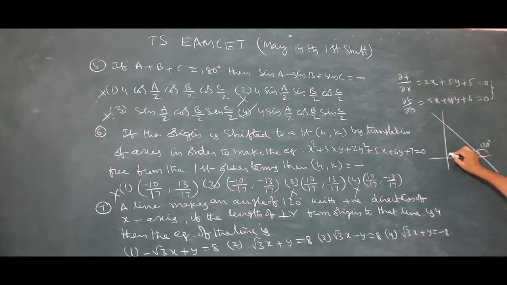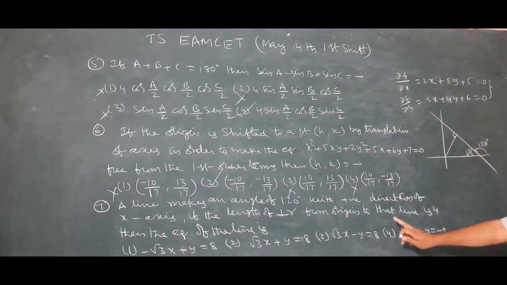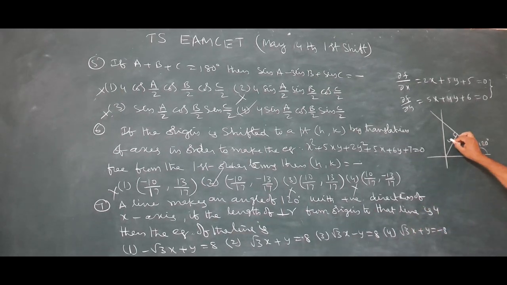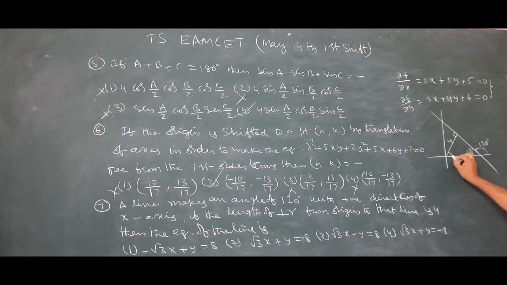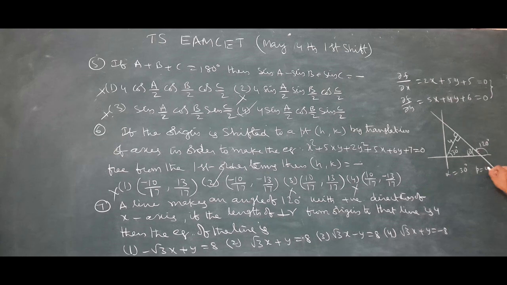But here the perpendicular distance is given as 4. So this angle is alpha, that is here, 90, 60, it is 30. So alpha 30, p is 4.